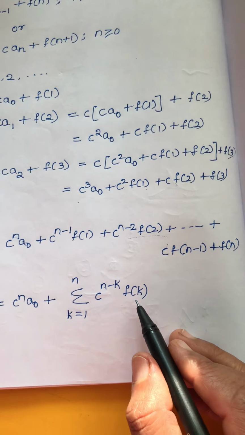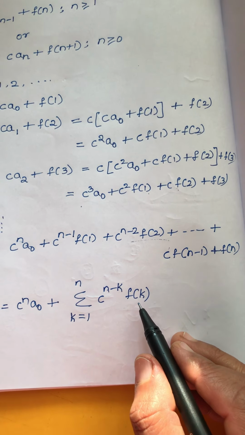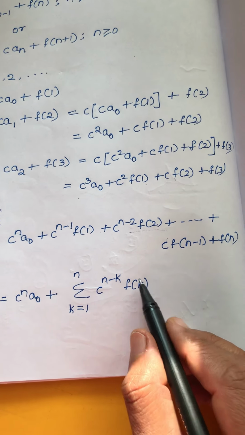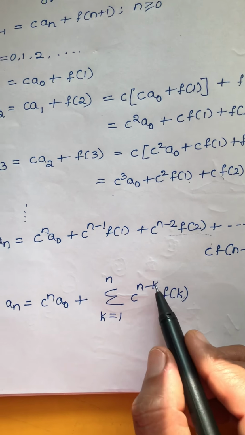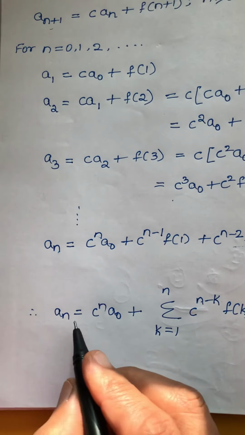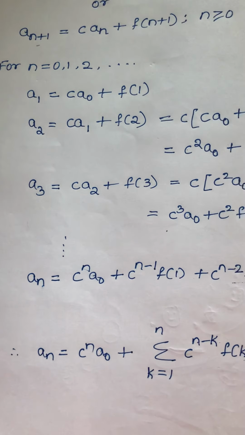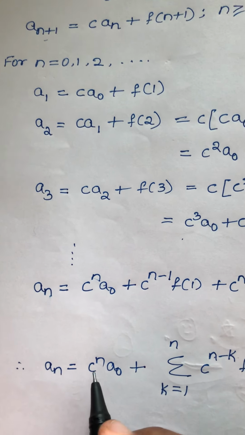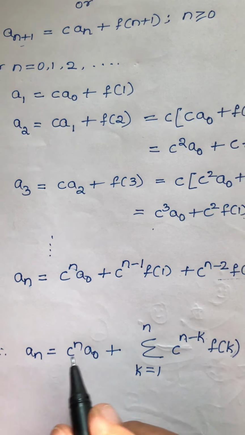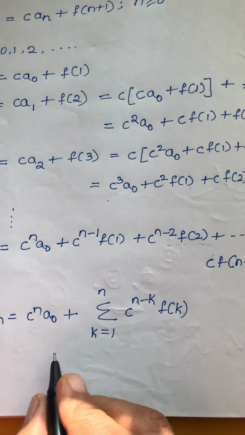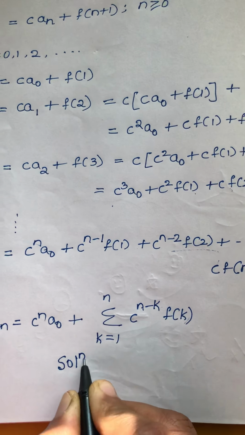If the function itself is 0, whether you take f(1), f(7), or f(100), it will be 0. So this summation term does not exist. If the relation is homogeneous, then the solution is a_n = c^n a_0. If it is non-homogeneous, this will be the required solution.